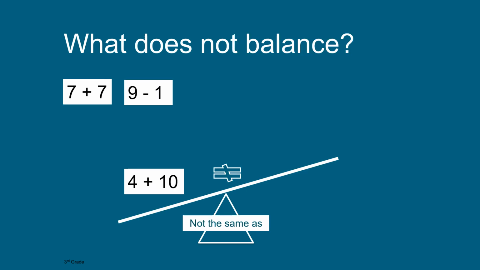Let's look at a number sentence that does not balance. If a number sentence does not balance, it means that it is not the same or does not equal. Which of these is not the same as or not equal to 4 plus 10? Did you say 9 minus 1 does not balance with 4 plus 10?